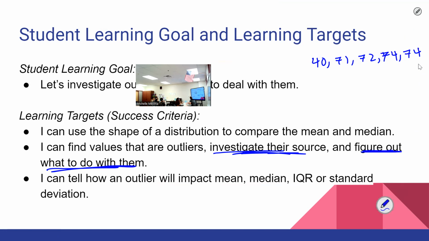Why might one of the scores have been way different than the rest? What could have caused that 40% on the test? Like there's some real world reason. So not studying, maybe just guessing, maybe you thought it didn't matter that day, I don't know. What other reasons could cause you to fail the test? Randomly.